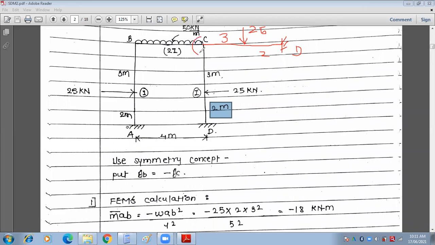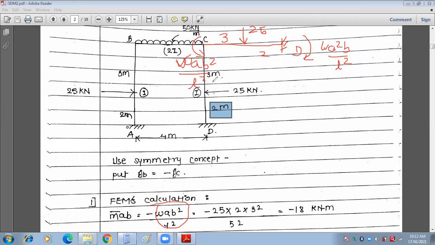Here we have to consider the fixed end moments, and the intensity of this one is W a b square upon L square, for this one W a square b upon L square, and here W a b square upon L square.